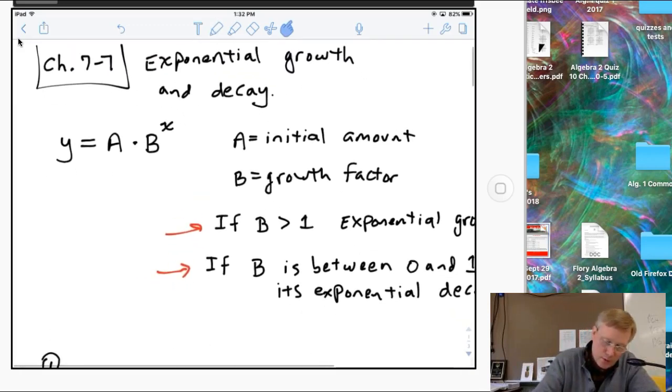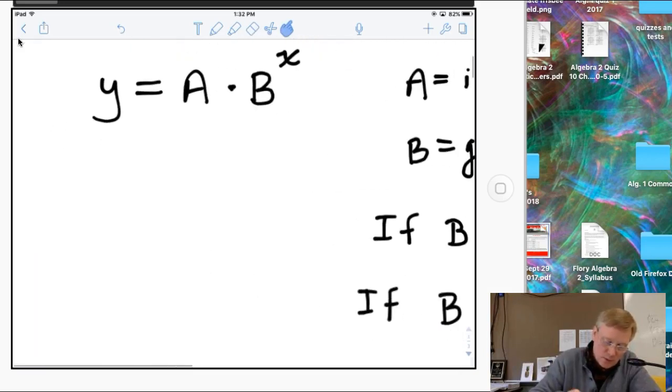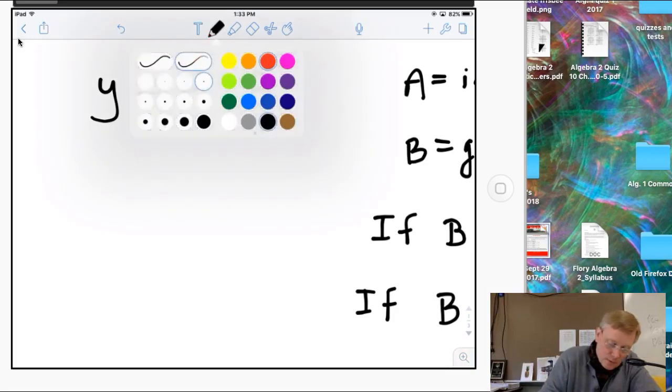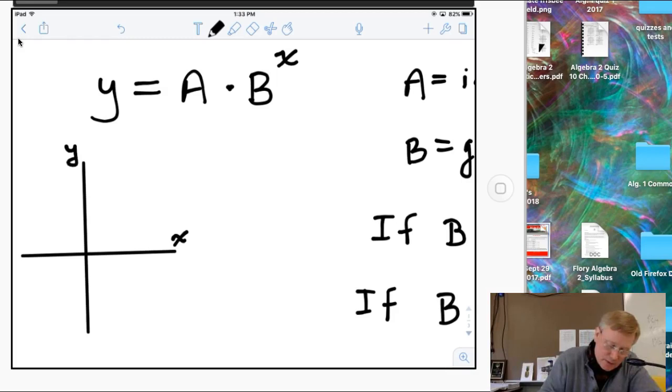And I should actually put a couple quick graphs on here, so let me do that quickly. I'm going to zoom in so I can show you what they look like. So this would be my y-axis, this would be my x-axis, and if this is going like this, that's going to look like exponential growth.